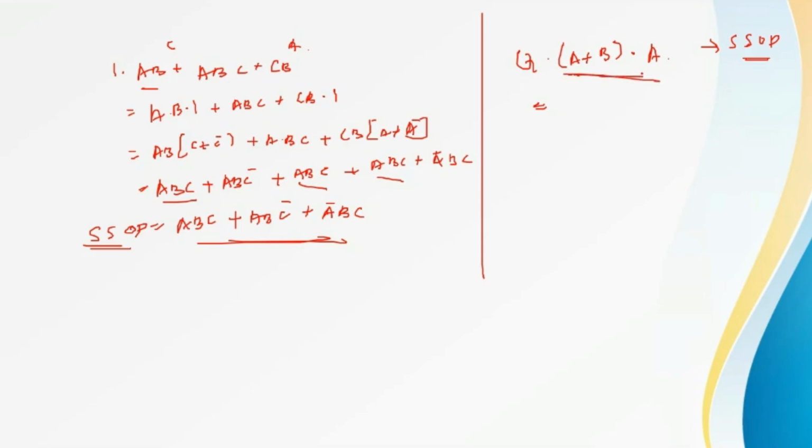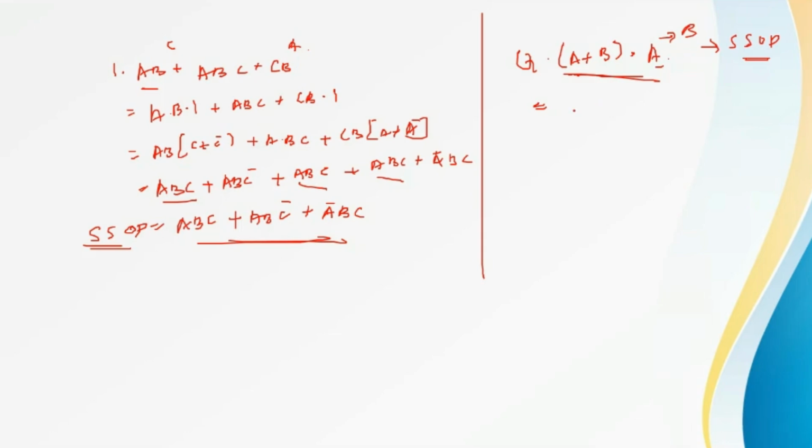No. Why is it not in the standard form? Because in the first part, A plus B is there. In the second part, only A is there. So here, what is missing? B is missing, correct?